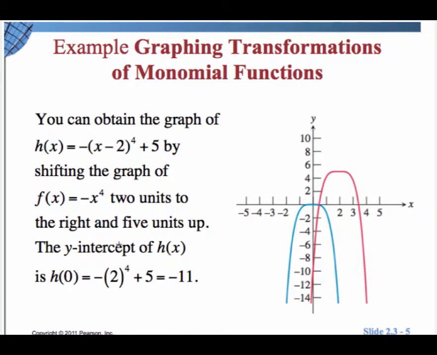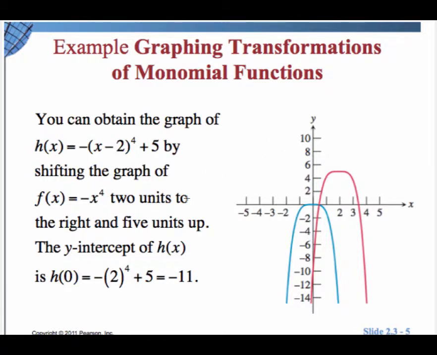So we can obtain h of x equals negative quantity x minus 2 to the fourth power plus 5 by shifting the graph of f of x equals negative x to the fourth 2 units to the right and 5 units up. The y-intercept of h of x is negative 11. You can see why here.